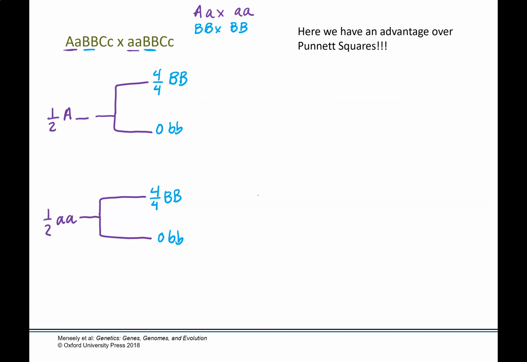All right, so now let's look at the C's. So C is going to be the heterozygous. So the chance of being big C phenotype is going to be 3/4, and being the homozygous recessive for little c is going to be 1/4.